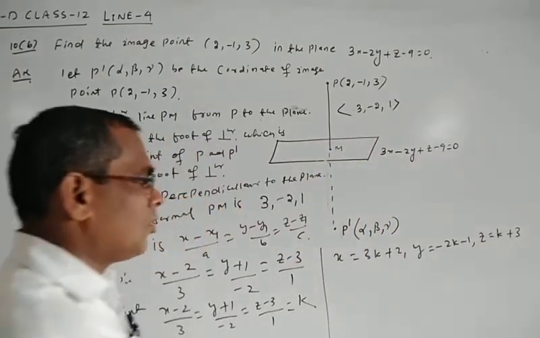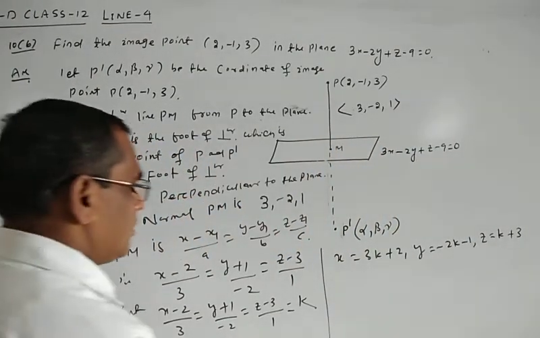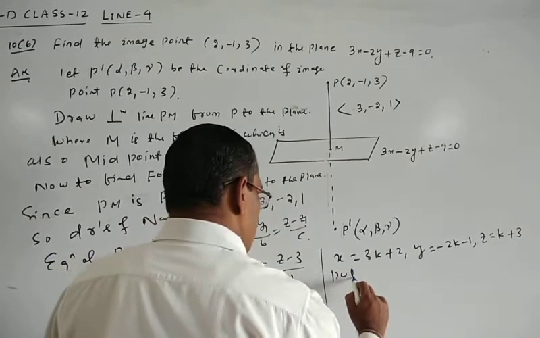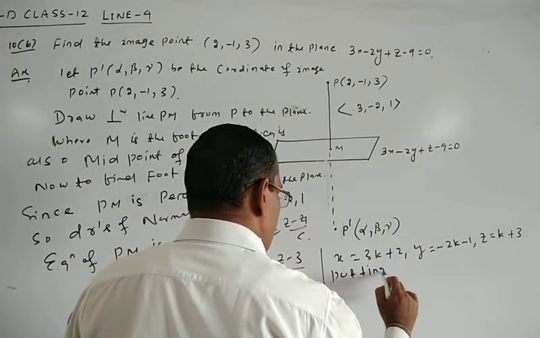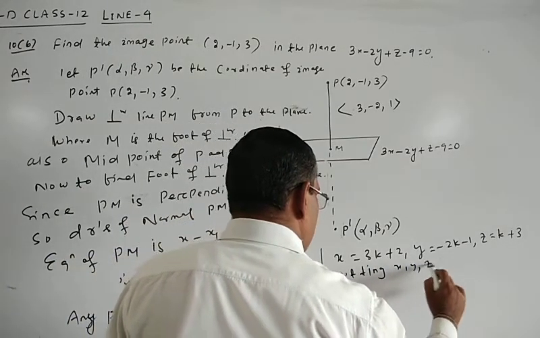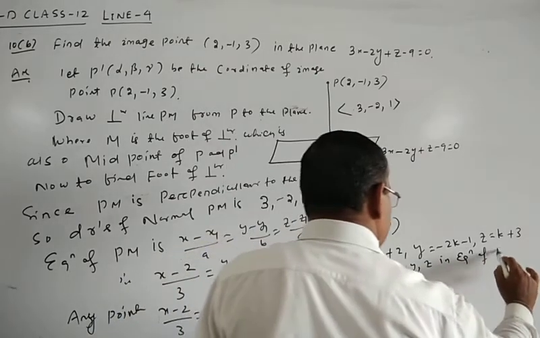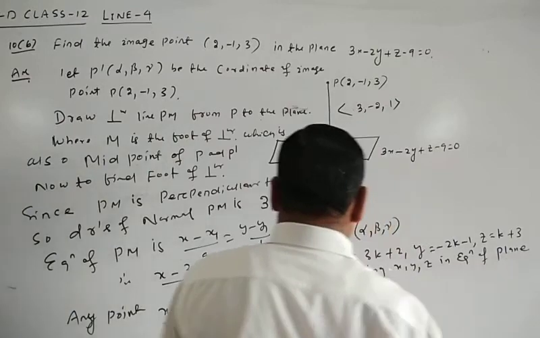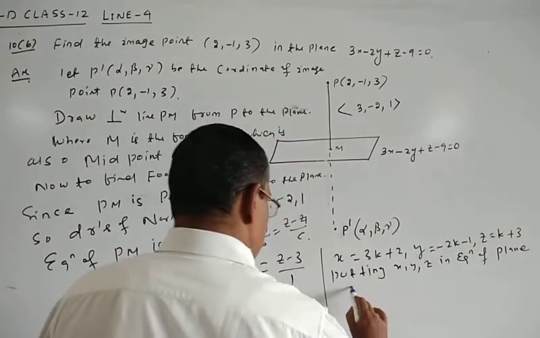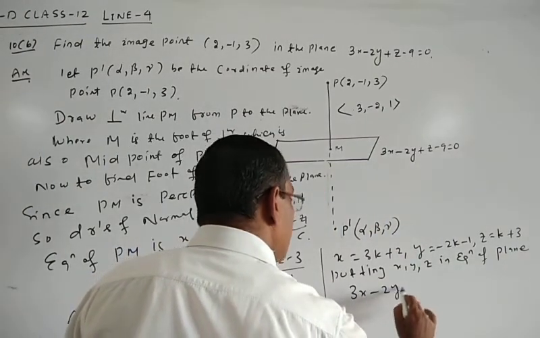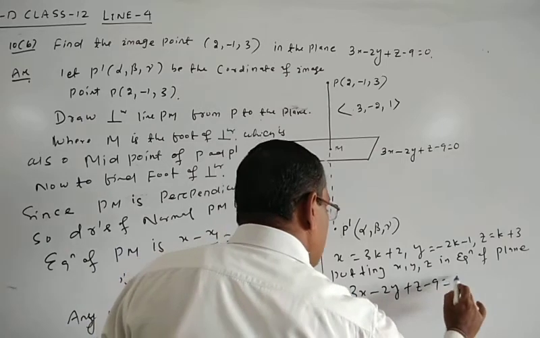Putting the values of x, y, z in the equation of the plane 3x minus 2y plus z minus 9 is equal to 0.